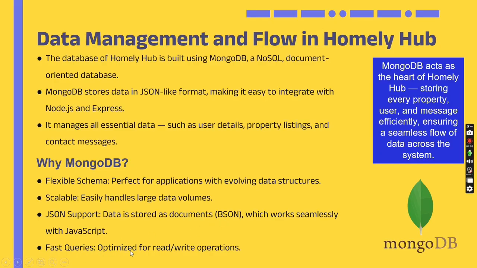It provides fast queries optimized for read-write operations. So MongoDB acts as the heart of Homely Hub, storing every property, user, and message efficiently, ensuring a seamless flow of data across the system.